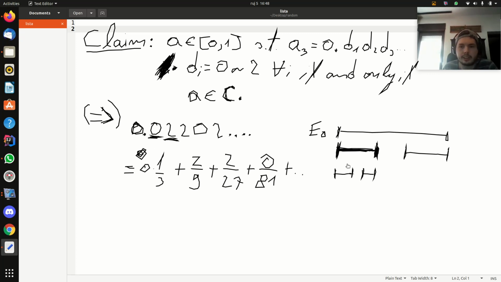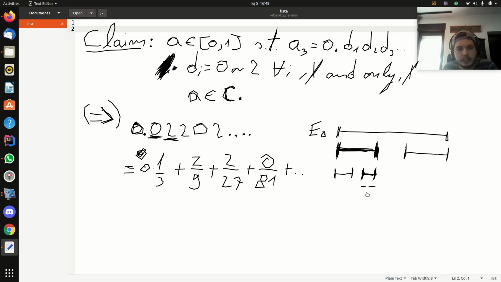So 2/9. So if you calculate, that's 1/3, so that's 0 plus 2/9. So this is a ninth. That means our number is not smaller than this and cannot possibly be bigger than this. So our number is an element of this interval.